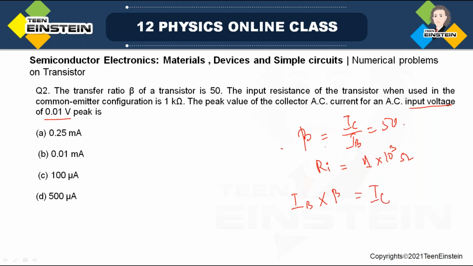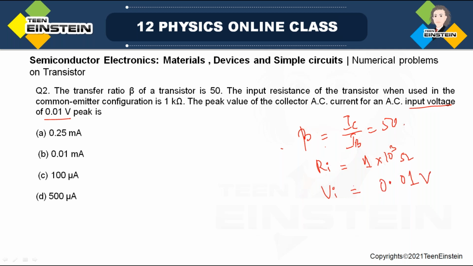So this is the unknown parameter we have now, that IB has to be calculated. So how do you calculate IB? See, IB means actually base current or input current. Okay, the input voltage is given how much?